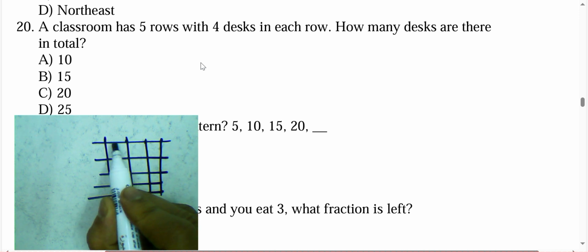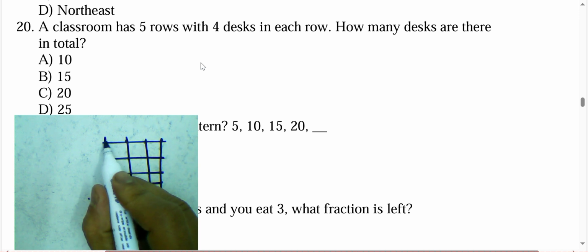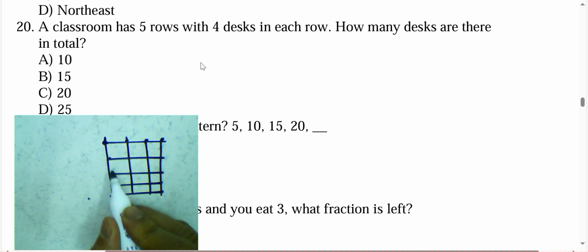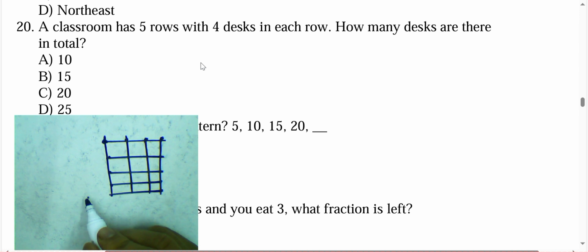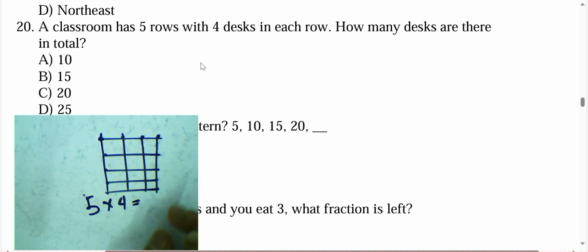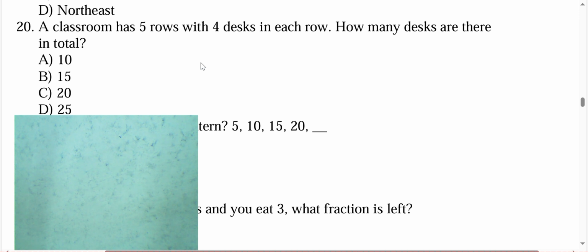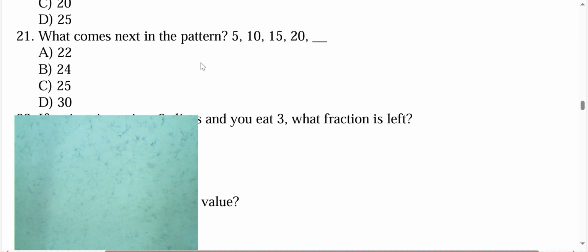Then the total number will be 5 multiplied by 4. Each row contains 4 desks. Then the total desks here will be 4 times 5 equals 20. Then the result will be 20. Okay. Next question, number 21.